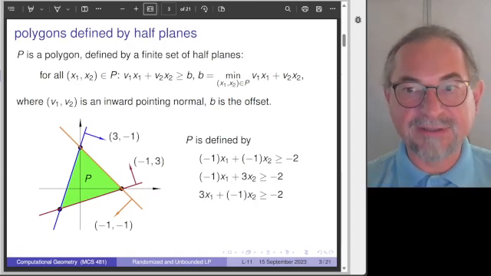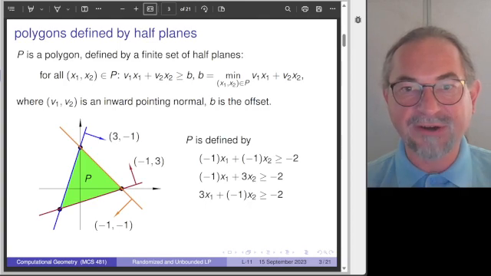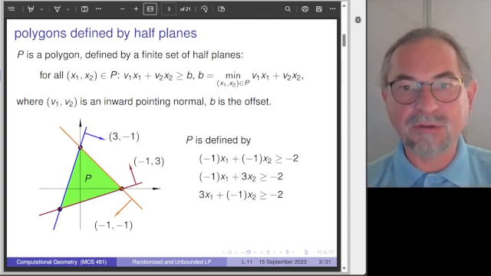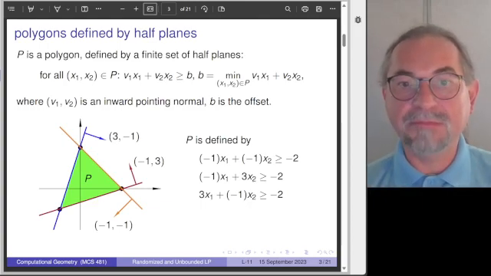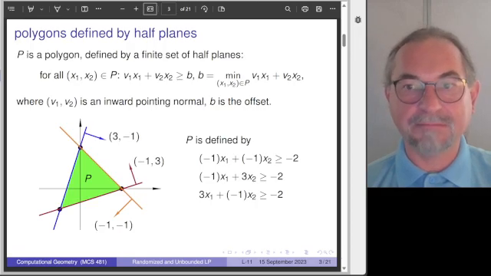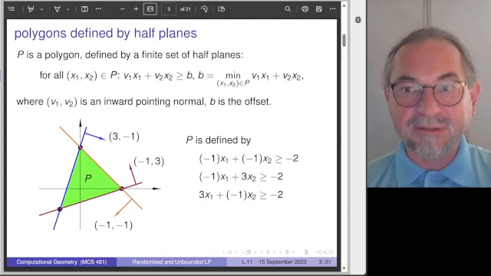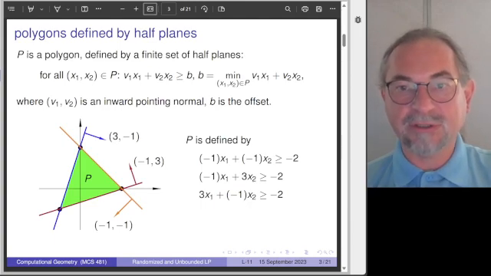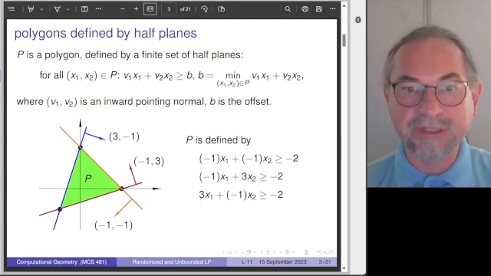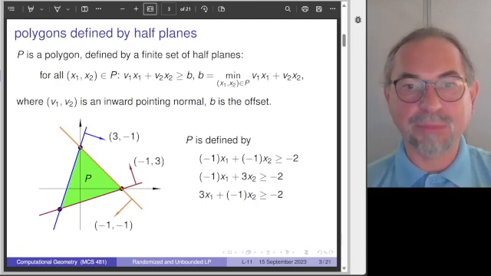For that reason, our inequalities are larger than or equal. And the right-hand side, the offset, can be computed as the minimum that can be obtained by taking the inner product of the normal with any point inside the polygon.